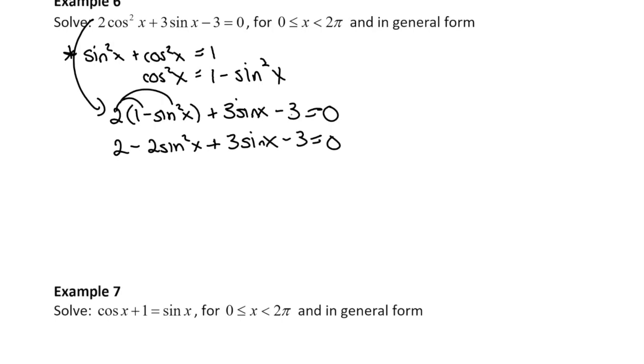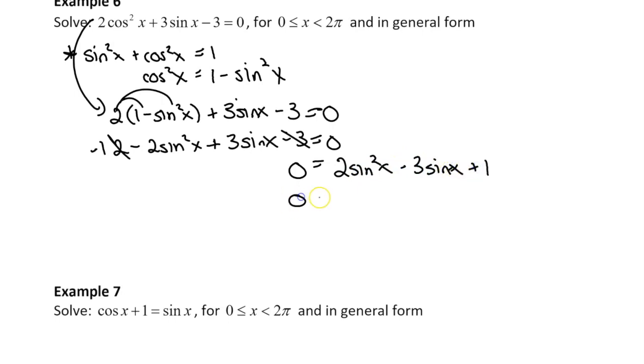So I'm going to join this 2 and this -3 to get a -1, and then bring everything onto the opposite side. Let's add 2 sine squared x onto the right side, subtract 3 sine x, and then add 1.